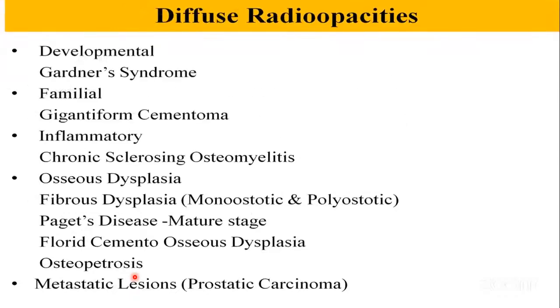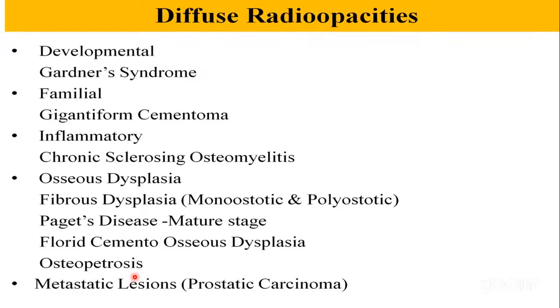For reading your differential diagnosis, apart from White and Pharoah, you have a textbook called Wood and Goaz. This textbook has small tables in each chapter. For example, for periapical radiolucencies, there will be a table where they have listed the differential aspects and how you can differentiate each one from the other.